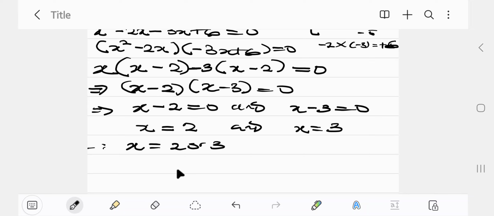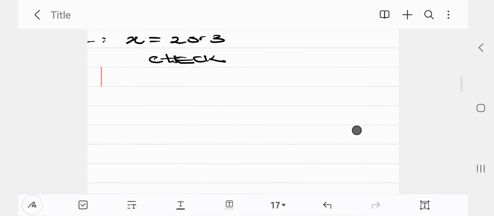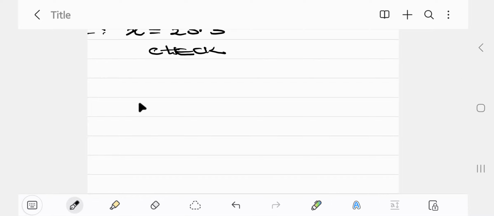But if the result does not give us 0, then automatically we can say that the fraction is equal to 0, and these become the two possible values that make it equal to 0. So let's do our check. Let's quickly run this check and see what we have here.